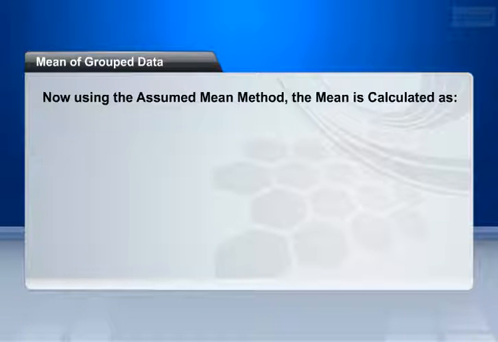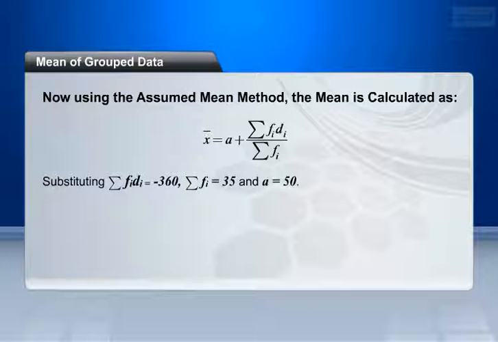Now, using the assumed mean method, the mean is calculated as x bar equals A plus sigma fi di by sigma fi. Substituting sigma fi di equals minus 360, sigma fi equals 35, and A equals 50, in the above formula, we have x bar equals 50 plus minus 360 by 35.